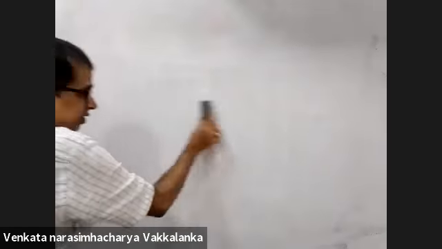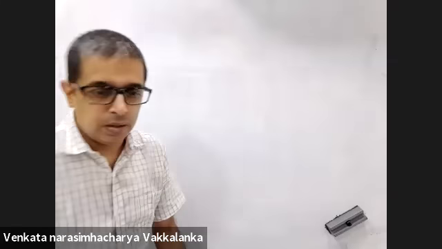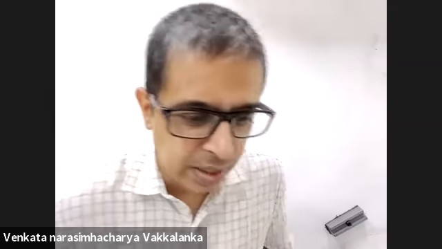Now observe one thing here. We have dealt with ring. We have dealt with an infinite long wire. We have dealt with hollow sphere. We have dealt with solid sphere. But we didn't deal with a disk.